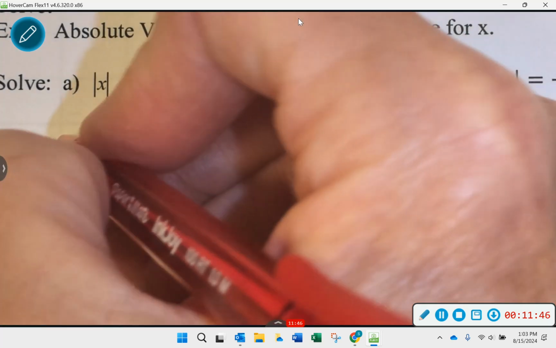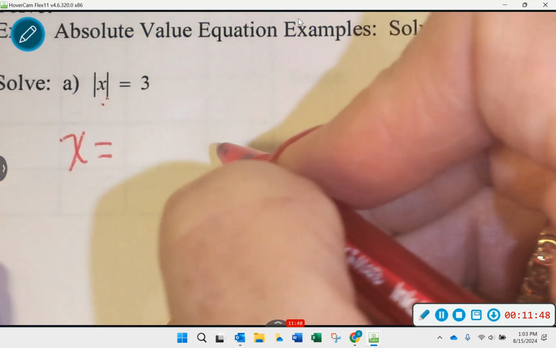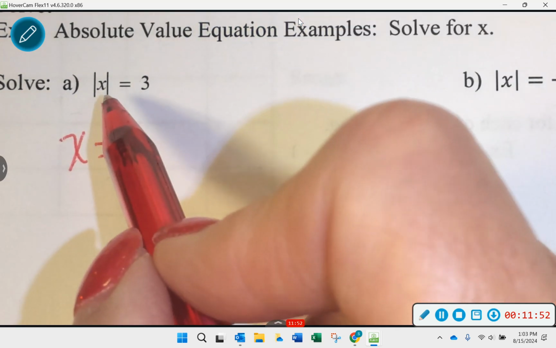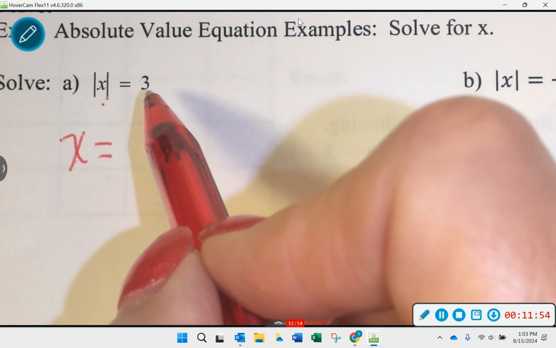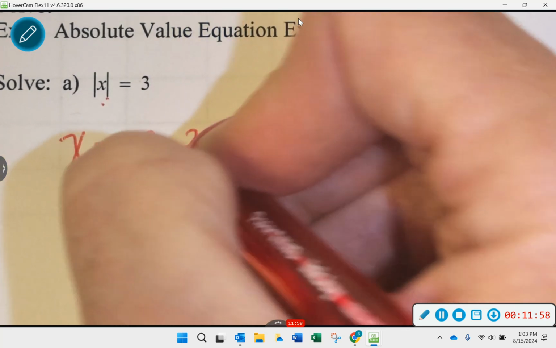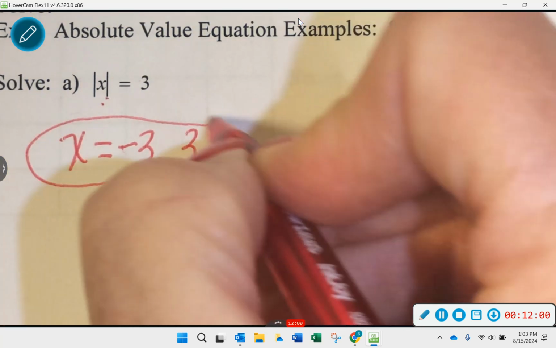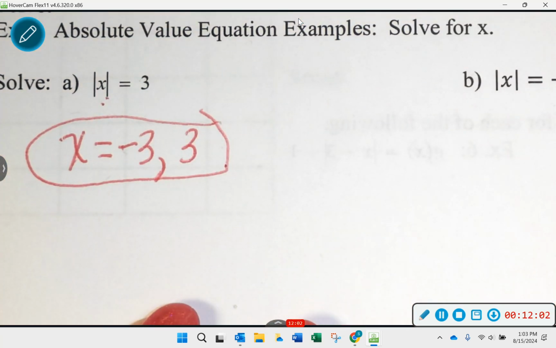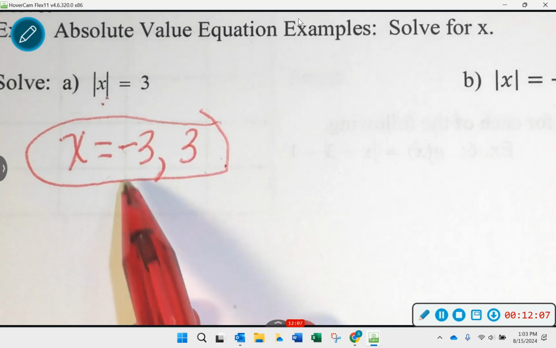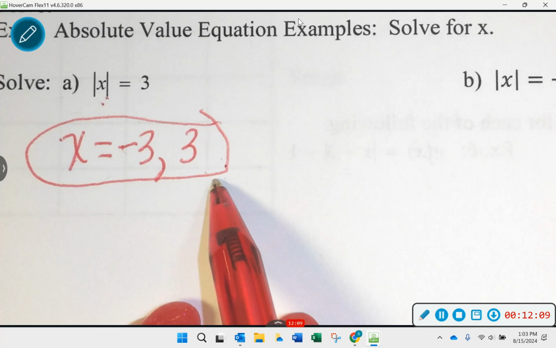What do you guys think? Negative 3 and 3, right? The reason why is because this really means the distance from 0 has to be 3. Well, negative 3 works and 3 works. We have 2 solutions there. And you typically want to go from smallest to greatest. That's the way we want to get in the habit of doing that.